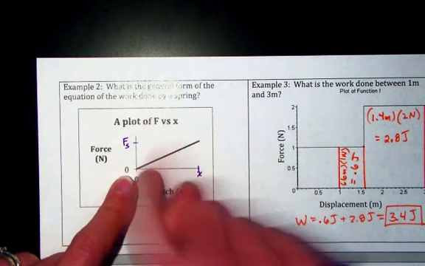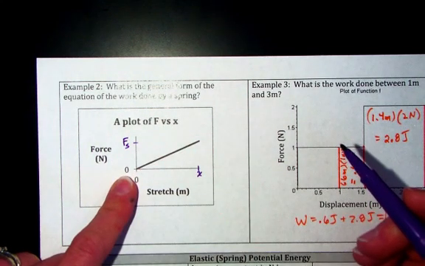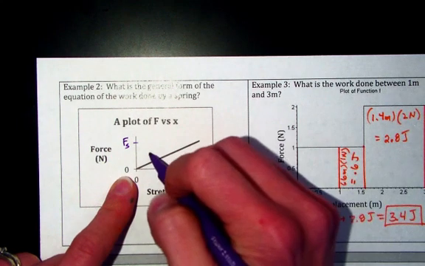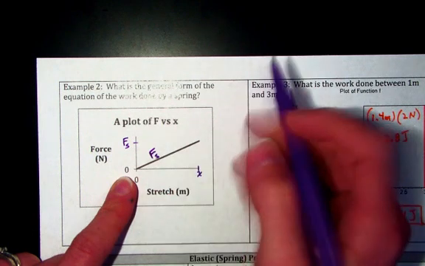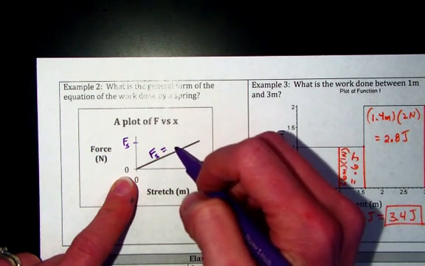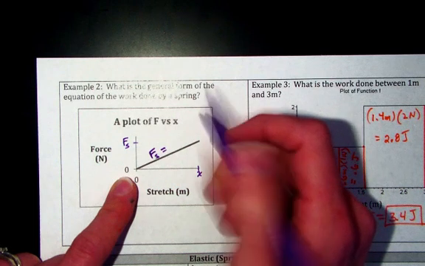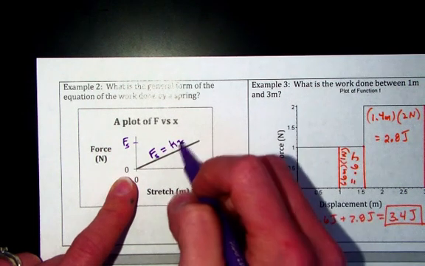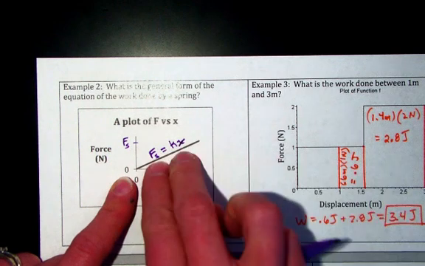Does anybody know what that is? What is it? F sub s, so that my spring force equals, so think Hooke's law, kx. Okay? So this is the formula for the spring force.